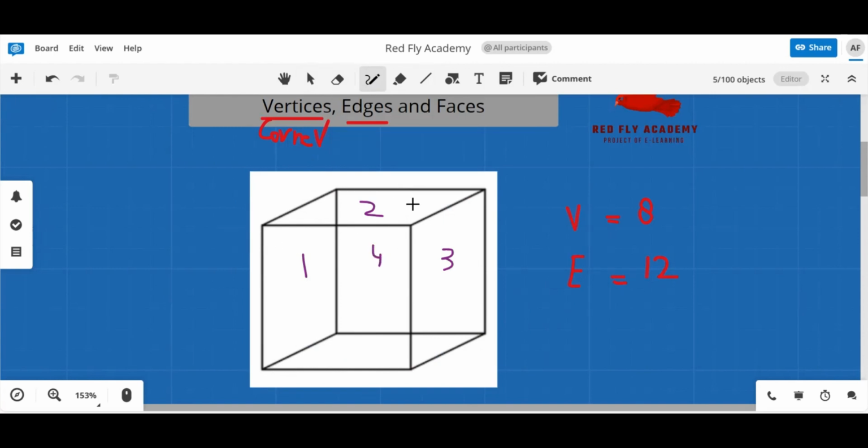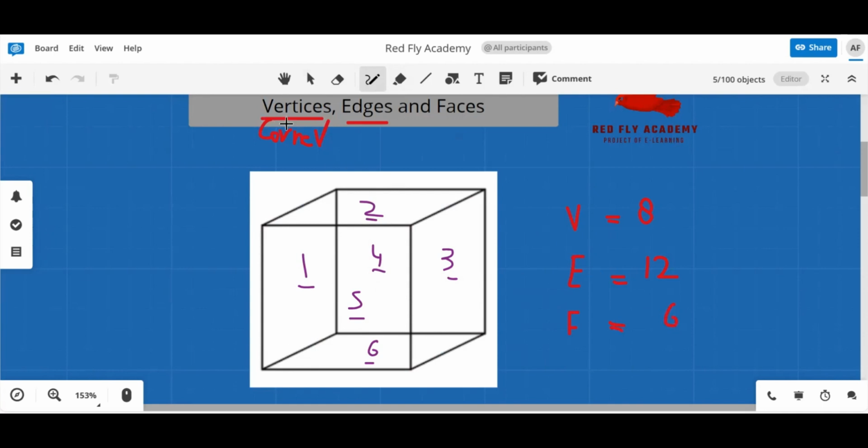We have one, two, three, four. Four is the back side, and fifth is the front side. Five and six, the bottom one. Right, left, top, bottom, front, and back. So in total we have here six faces, which is represented by F, six faces.